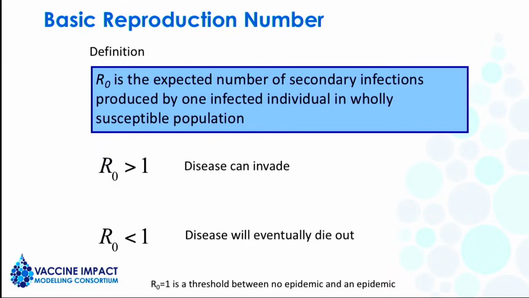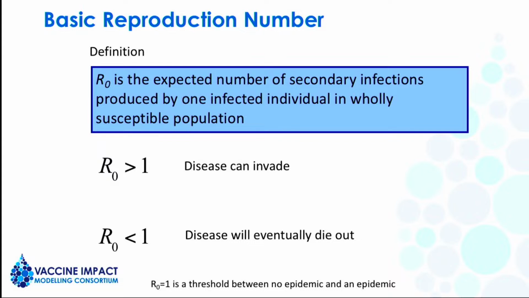So we're not saying that the disease instantly dies out. It's because we're thinking about these generations. So in the first generation, if this is greater than 1, maybe we get 2 more infections. On that, it's 4 more infections. It's going to grow. On the flip side, if we're getting less than 1, in the next generation, we've got a smaller population of infected people.